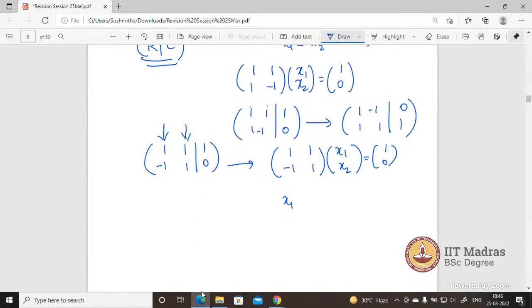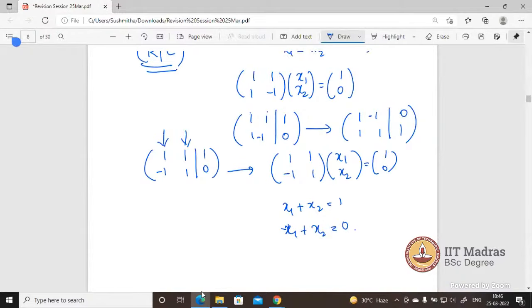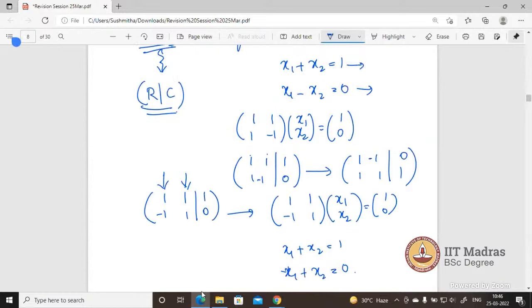So this is x1 plus x2 is equal to 1, minus x1 plus x2 is equal to 0. Here it doesn't make a difference because the original matrix was symmetric.